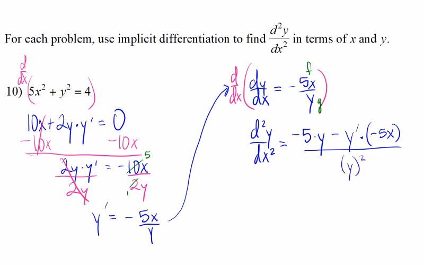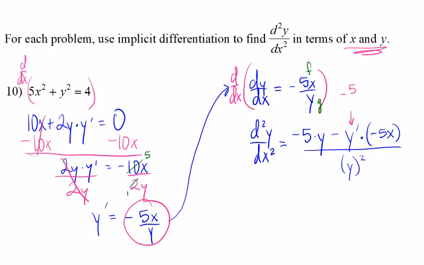All right, now that's pretty much it. Nothing new except for we have this y prime in here, right? And we're not solving for y prime anymore. We want to know d squared y dx squared. And so we want it in terms of x and y, not in terms of x, y, and y prime. So we're going to put this value for y prime back in there.